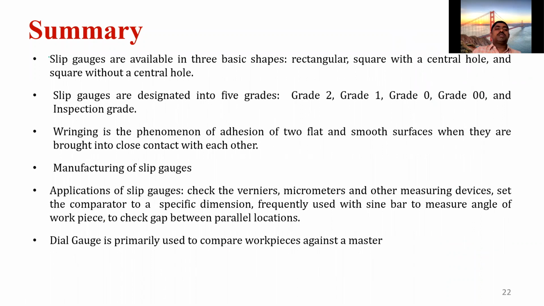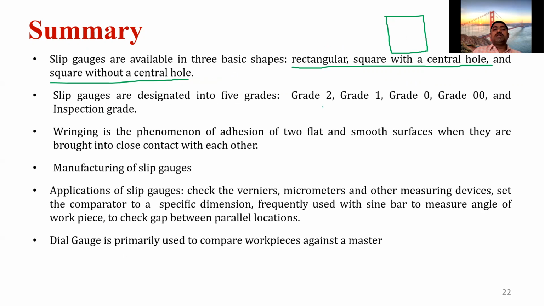So the slip gauges are available in three basic shapes: rectangular, square with the central hole, and square without central hole. These slip gauges are used to pile up the required height, to measure the dimension with very high accuracy and precision, and to provide very close tolerance limits on the components.